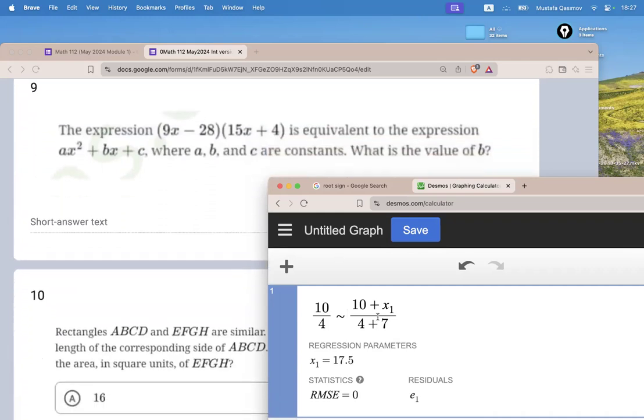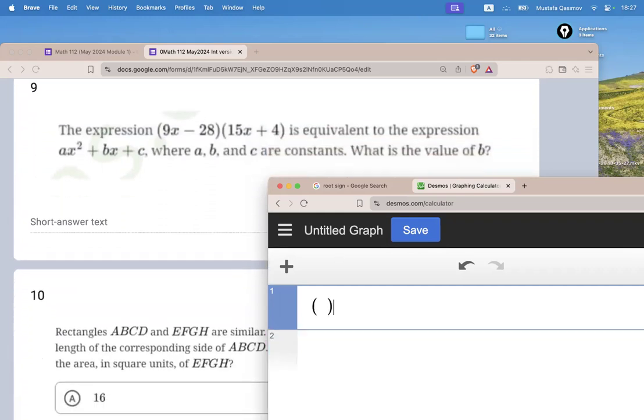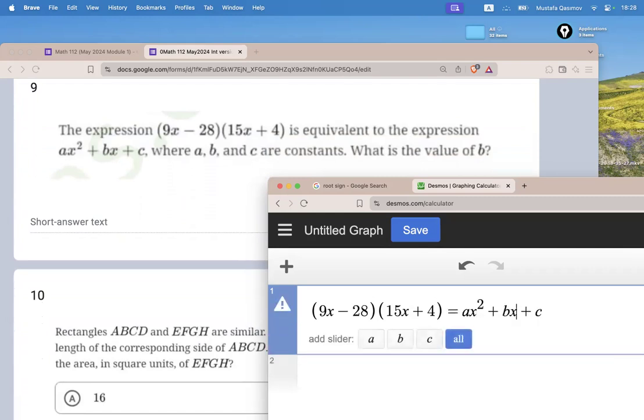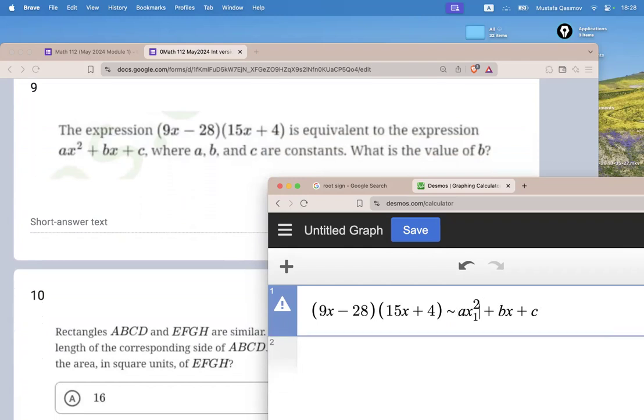Okay. For this one, also let's use Desmos. 9x minus 28 multiplied by 15x plus 4 is equal to ax squared plus bx plus c. Then use this way. Then also write here x1, x1, x1 and x1.